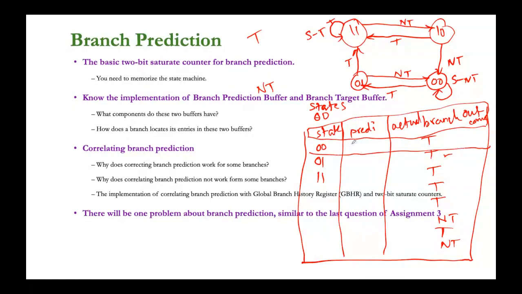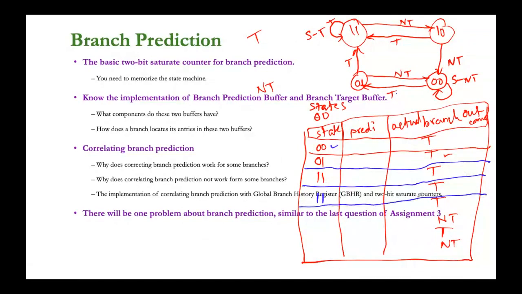From the 0 0 state, the branch outcome is taken, so it reaches the 0 1 state. In the 0 1 state, the branch outcome is taken, so you go to your 1 1 state. In the 1 1 state, again the branch outcome is taken, so it will remain in the same state, 1 1.